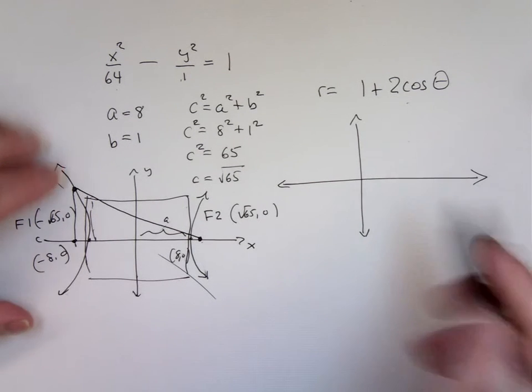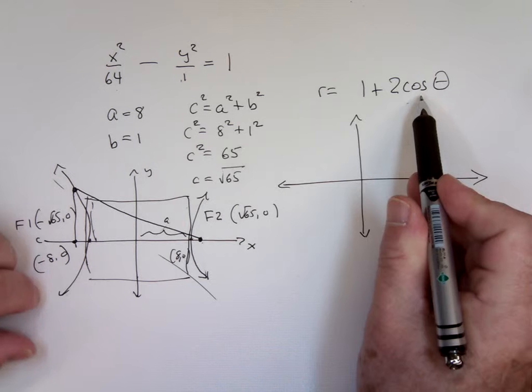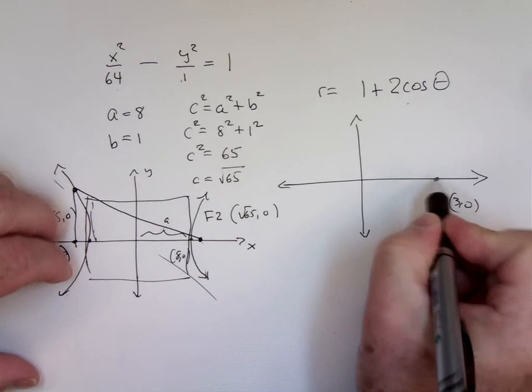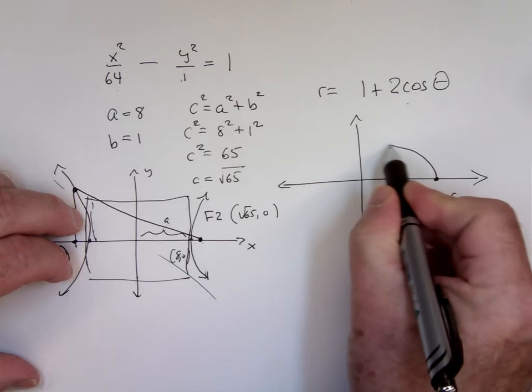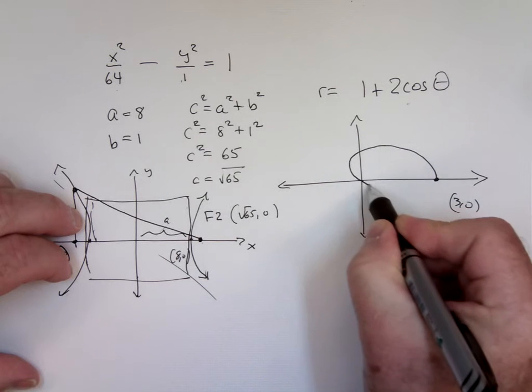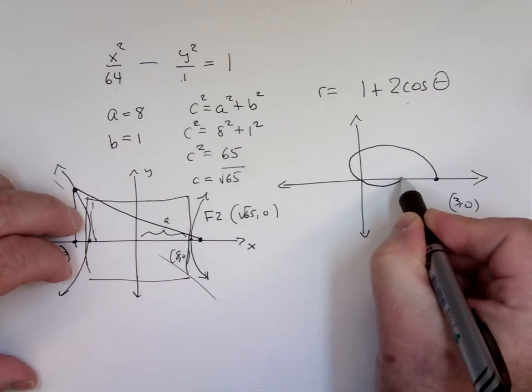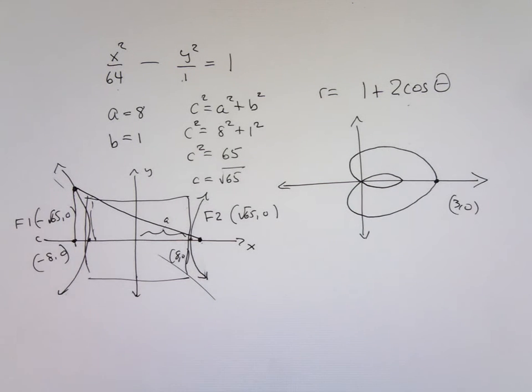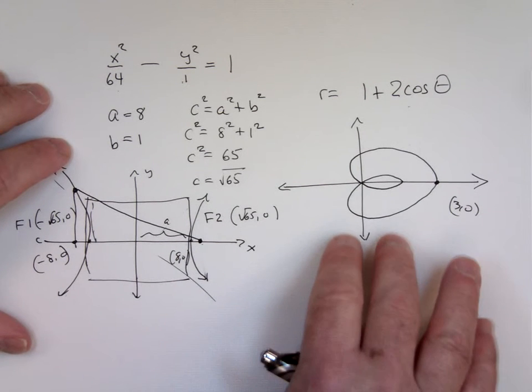If you start at theta equals 0, you get r equals 3. You start here at 3, it goes this way, hits here and goes through, comes out, and goes this way. That's pretty much a perfect limaçon, which is rarely seen in the real world. So there it is right there.